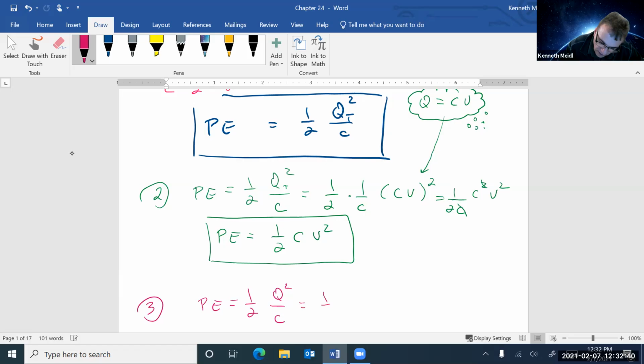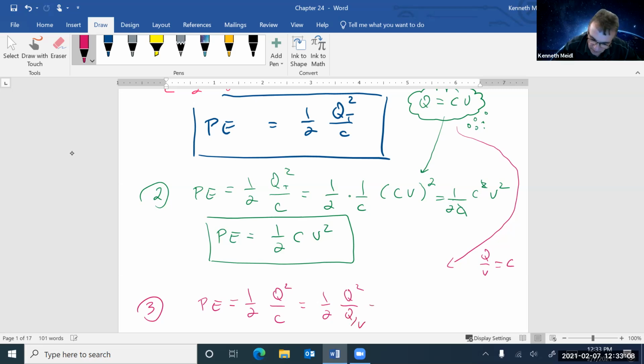I'll leave 1/2 here. I'm going to leave Q here. And C can be written from above. It looks like C equals Q all over V. Yeah, Q divided by V equals C. So I'll take C out and put Q all over V here.